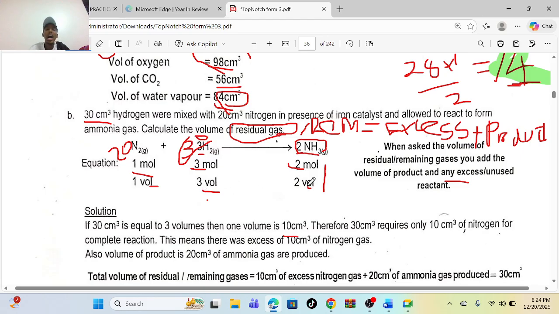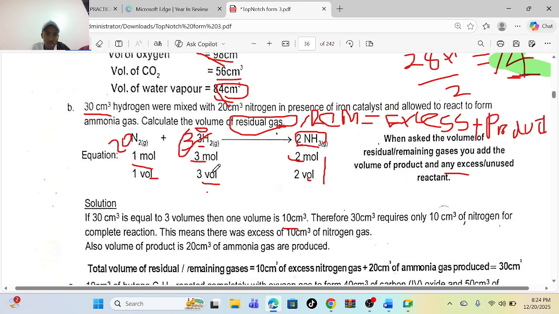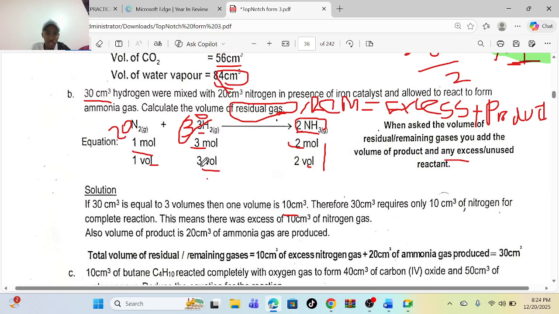Ilikuwa hivyo ya that step. The first step ni andika ile kitu tumepewa. So unatumia ya hydrogen because hydrogen ndio iko mingi. So itakuwa aje? 30. So unasema if 3 is equals to 30, what about one atom?